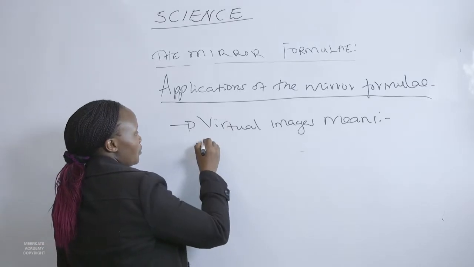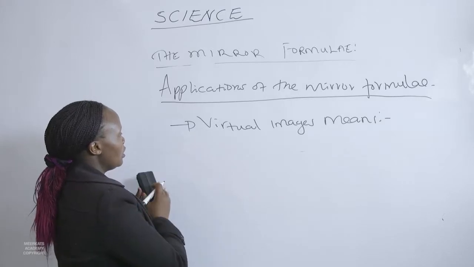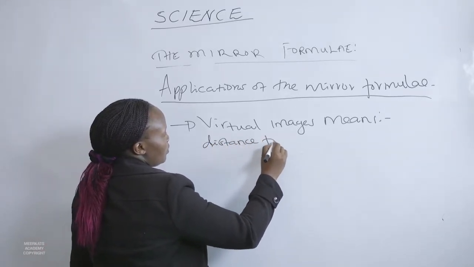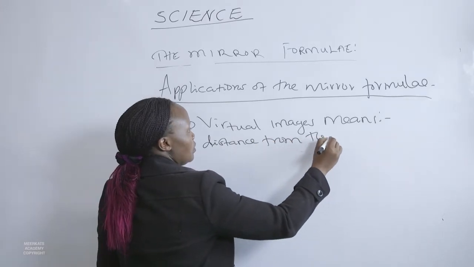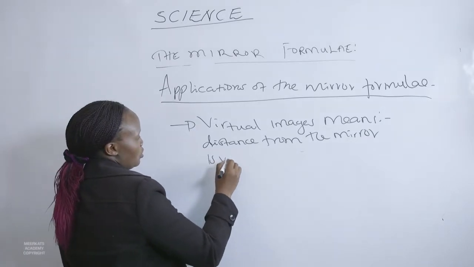Now, it means that the distance from the mirror is virtual.